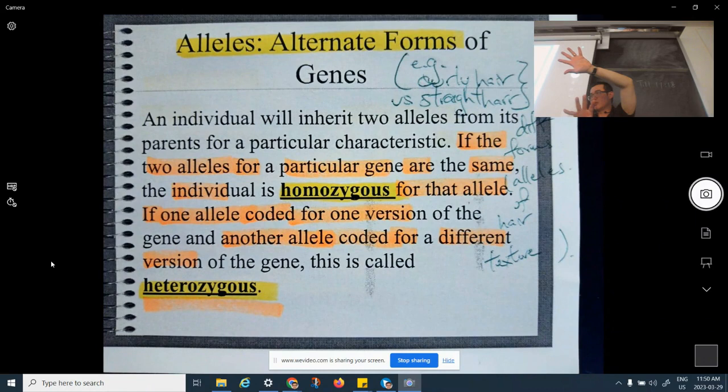For hair, you have a gene that codes for hair texture, curly or straight. So that's an allele. If both alleles that you got from your parents are either both straight hair or both curly hair, you're homozygous for that trait. If one is different from the other, heterozygous. Good? Are we good here?